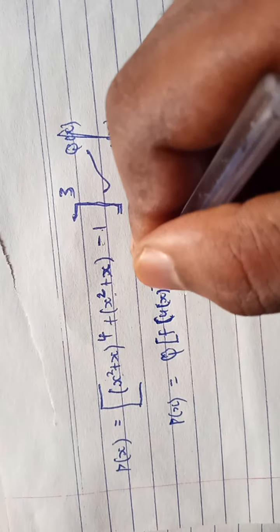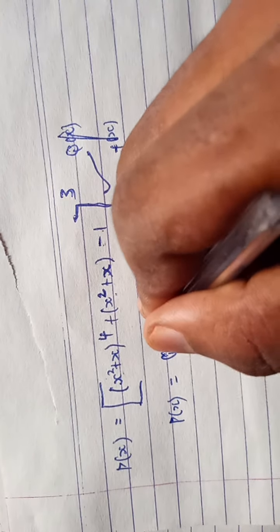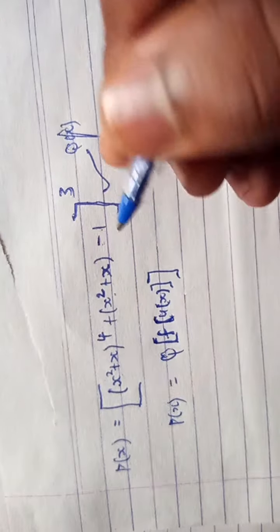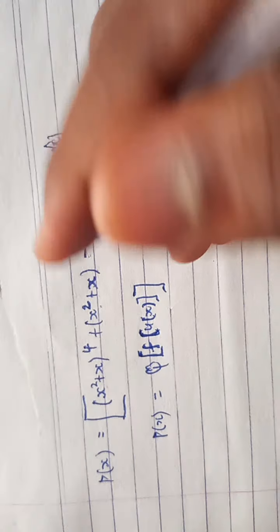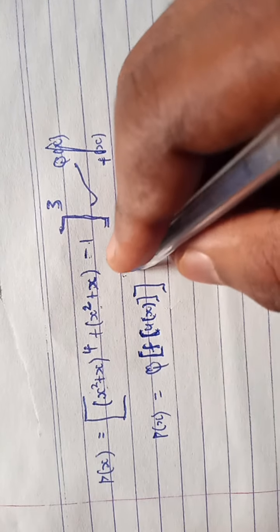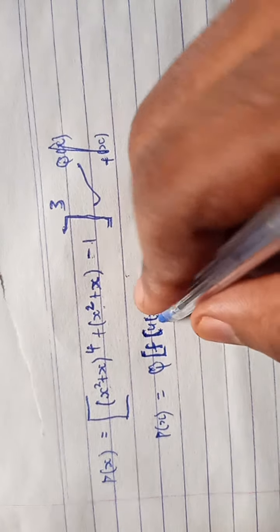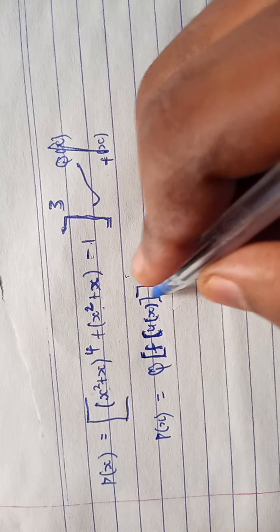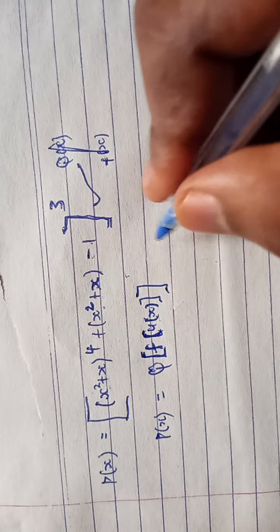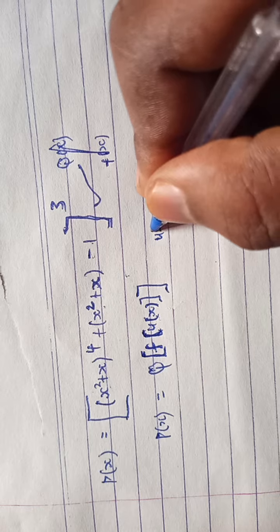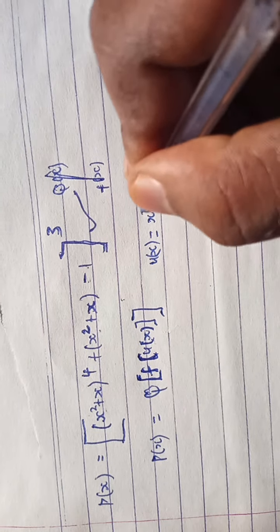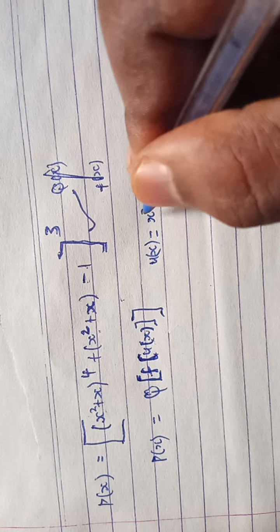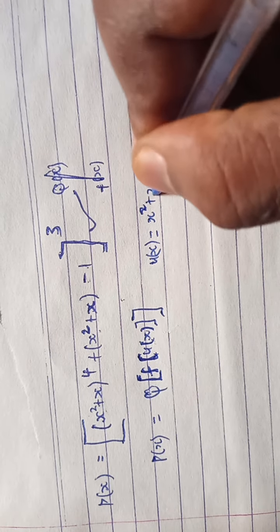So to avoid confusing you, let me just go straight forward to tell you how it is. So now this is really it. Have you seen that? Where u of x is equal to x squared plus x.